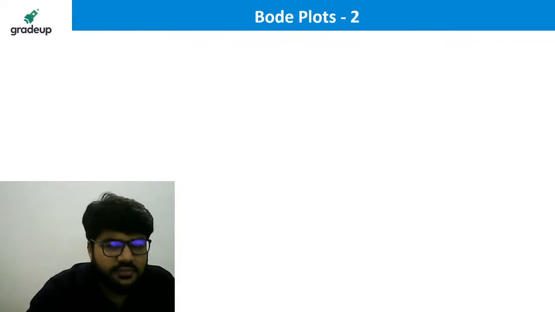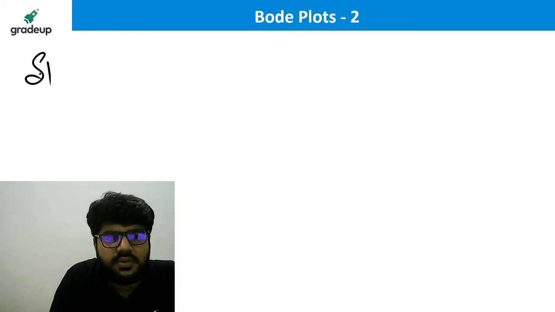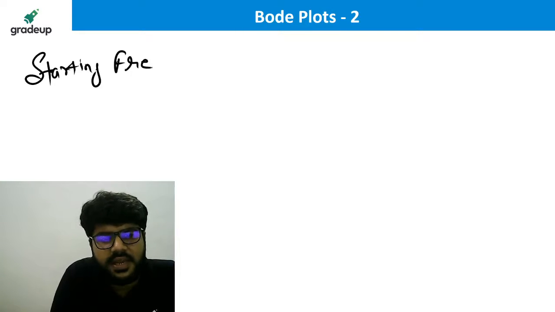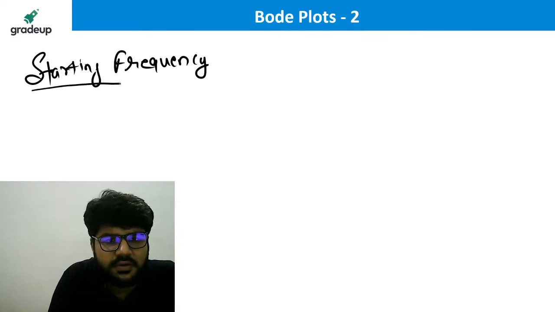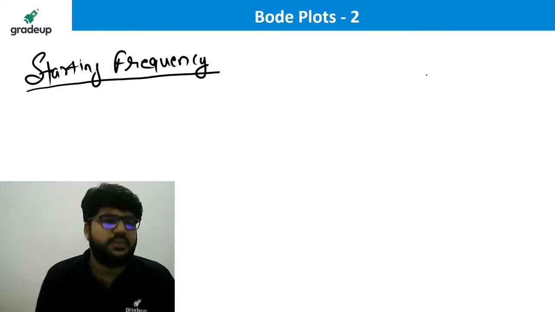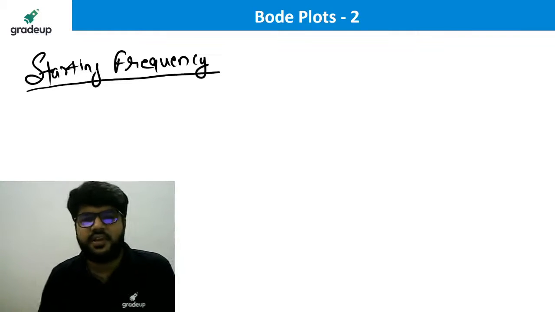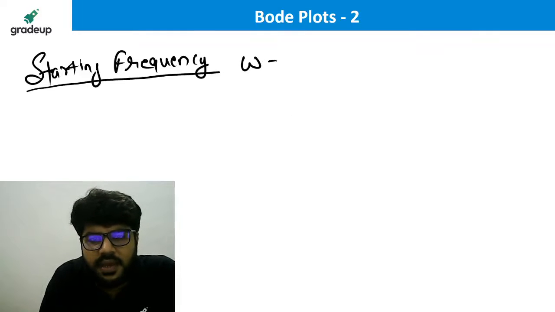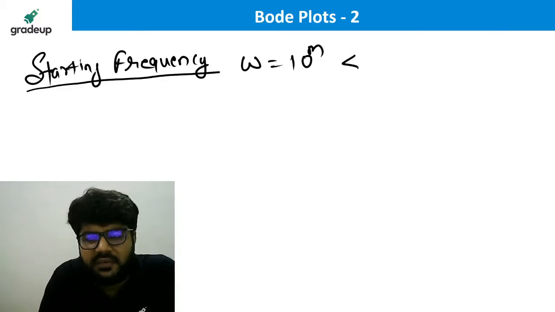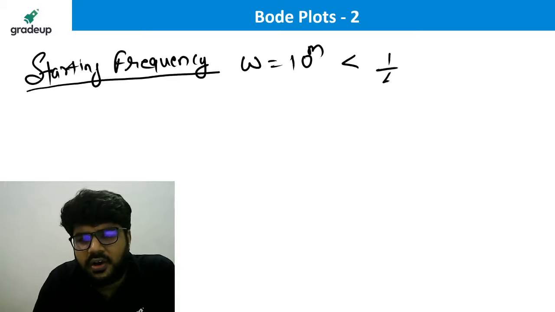After writing the corner frequency, what will you do? You will write down the starting frequency of the plot. So what is the starting frequency? I've told you, take omega equal to 10 raised to the power n, less than all the corner frequencies.